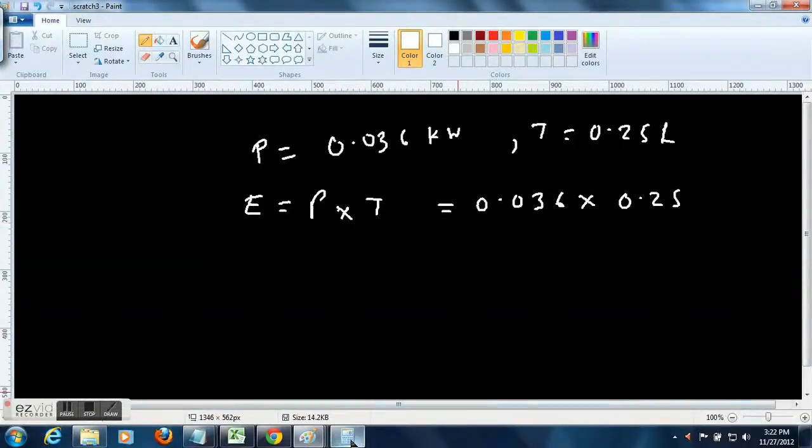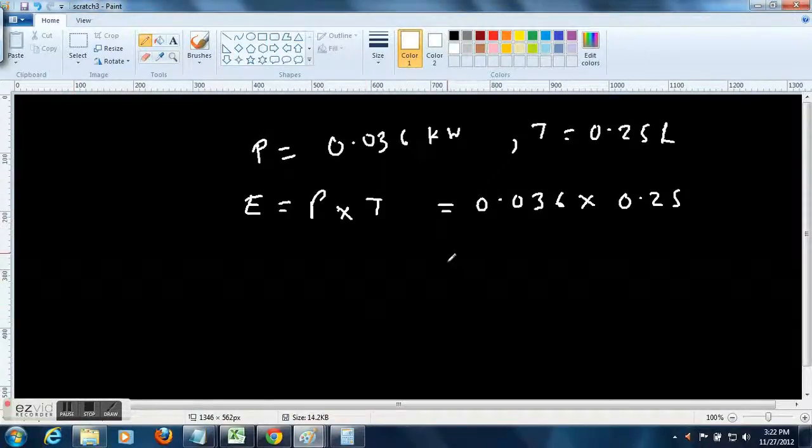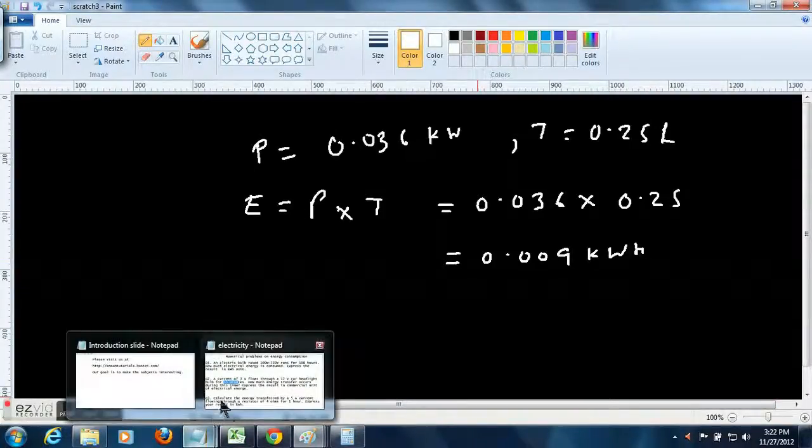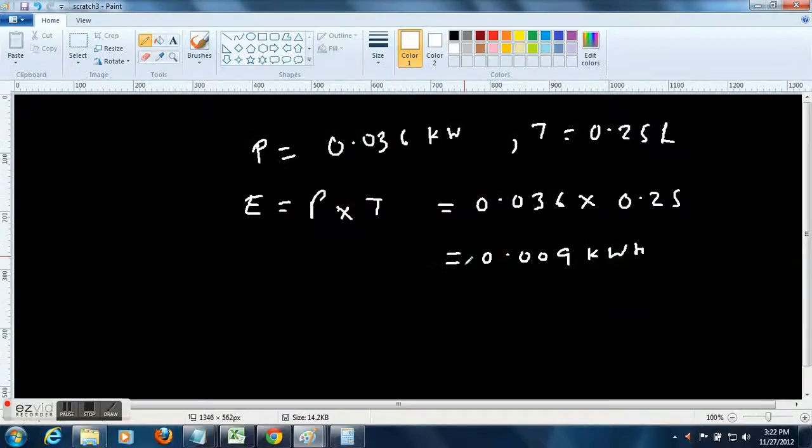Let us calculate this with the help of a calculator, and the result is 0.009 kilowatt hour. So that is the energy consumption. Kilowatt hour is the commercial unit of electrical energy.